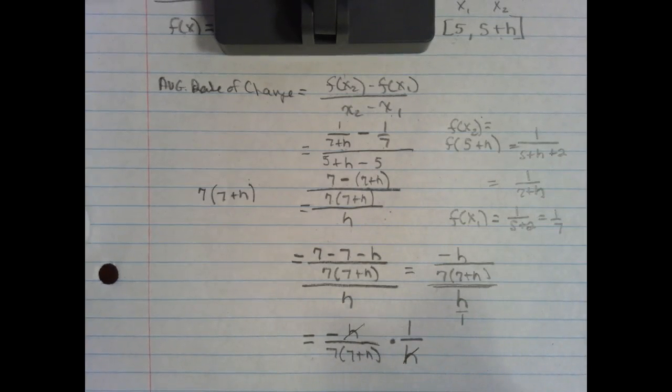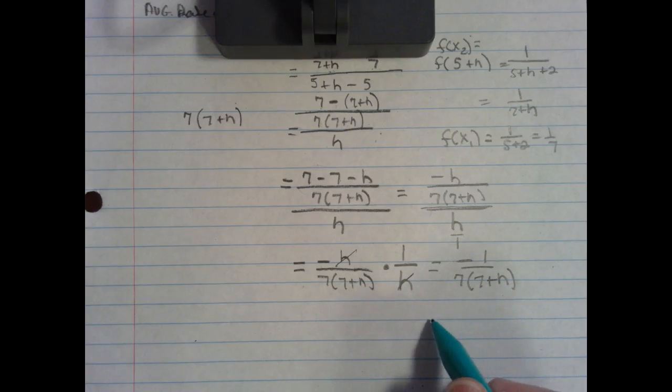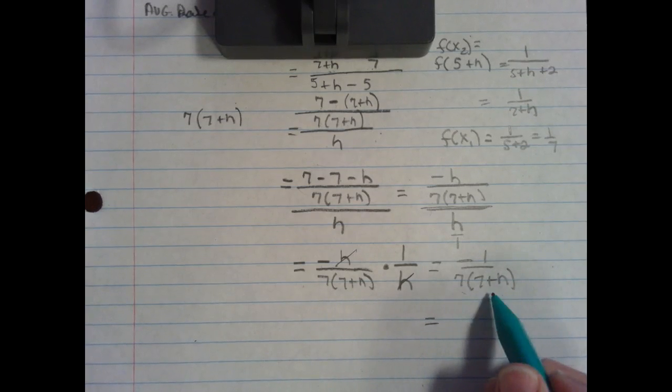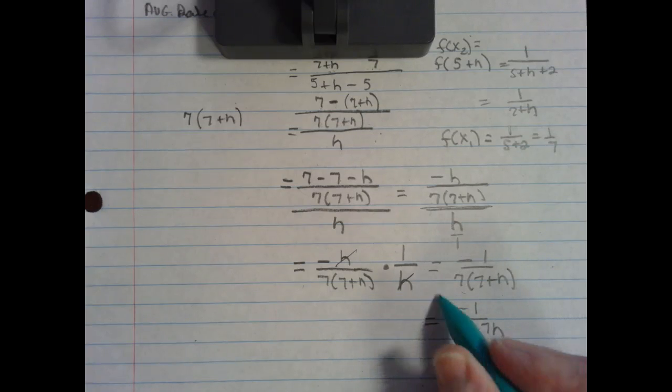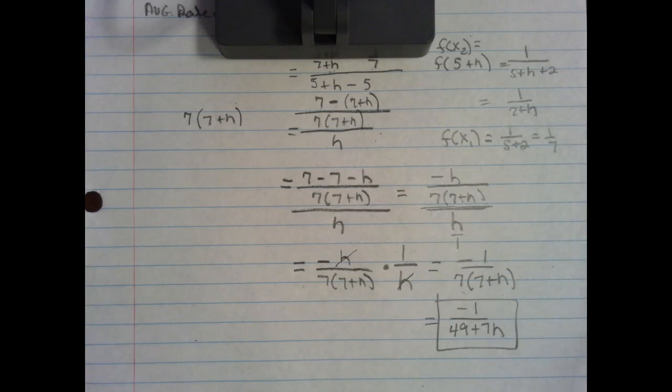These cancel. And so it looks like I have negative 1 over 7 times 7 plus h for our answer. And the only other thing we could do here, we can distribute that 7. So negative 1 over 49 plus 7h for our final answer.